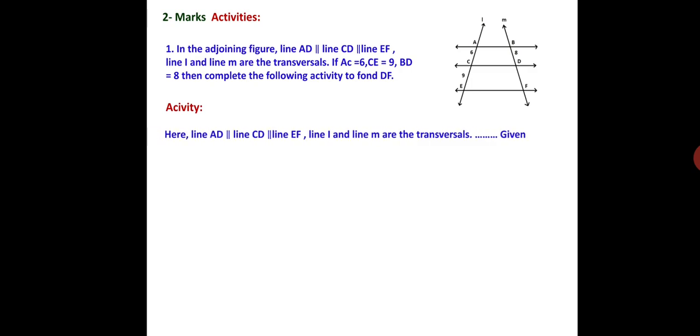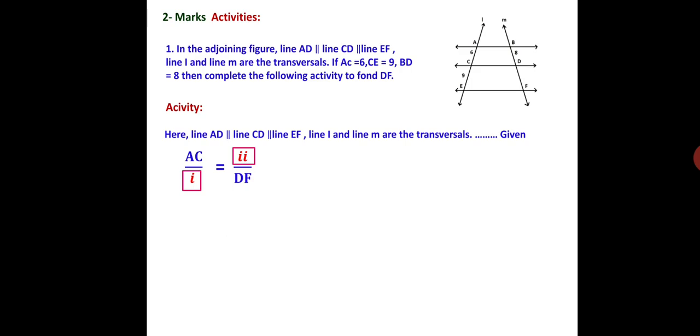Friends, what I did in this problem is, in order to save time and space, rather than repeating the answer, I have just given the hints, so you should understand this one. Here line AD is parallel to line CD is parallel to line EF, and L, M are the transversals. It is a given thing.